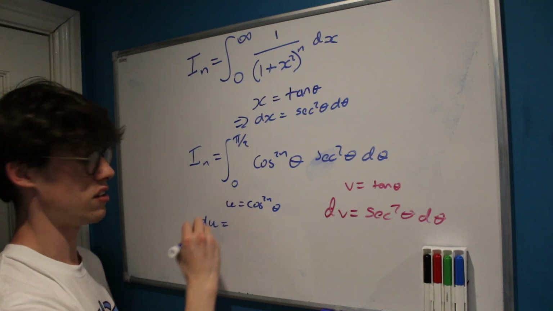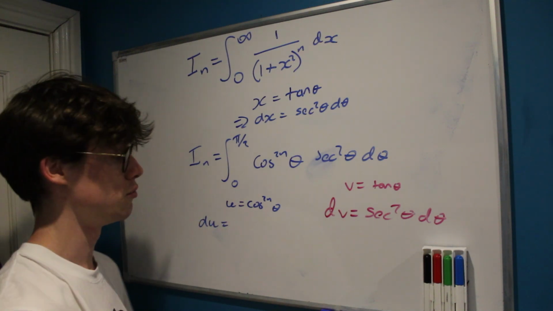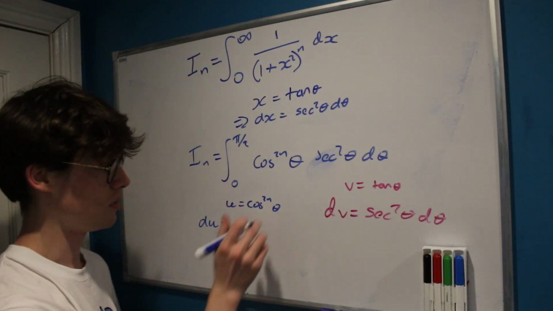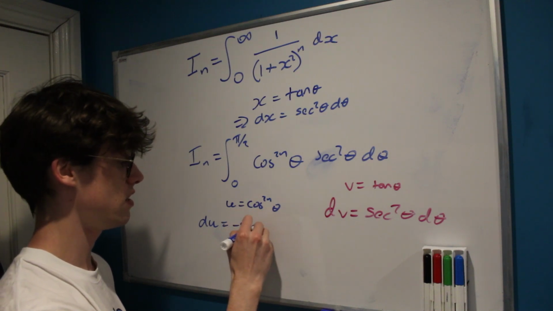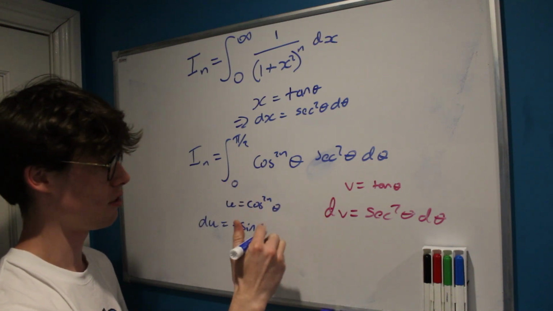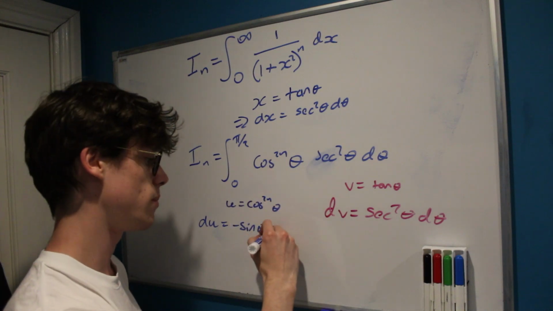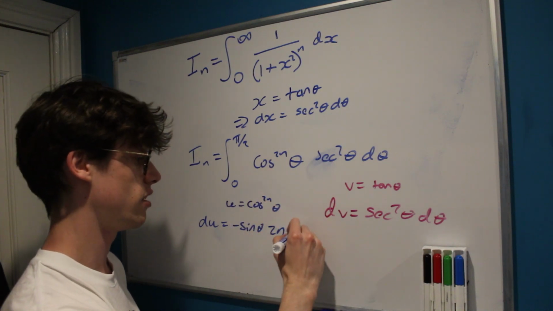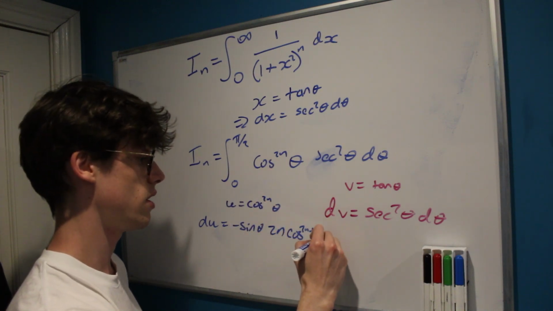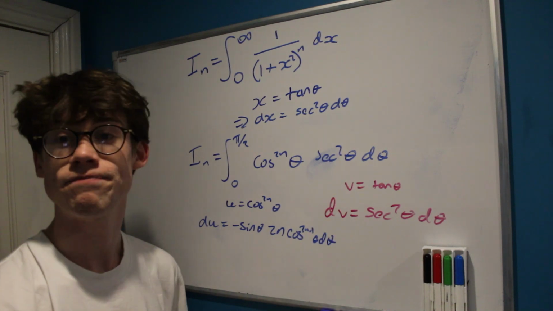And differentiating this is quite simple, we just have to use chain rule. So the derivative of the inside, which is cos theta, is negative sine theta, and the derivative of the outside function just uses power rule, so we bring the power down to 2n, and we minus 1 from the power to 2n minus 1 d theta.